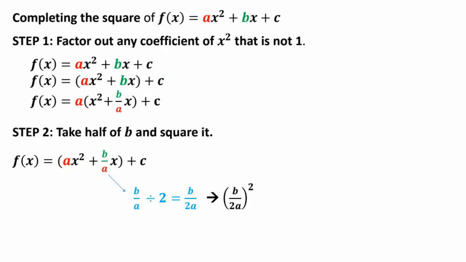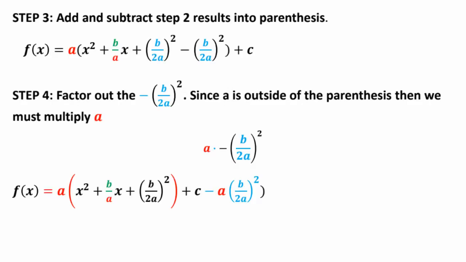So now we're going to take half of b and square it. Whatever this value b over a was, we're going to take half of it and then square it. This is the formula that I have here. Then once we do this, we're going to take it outside of the parentheses.